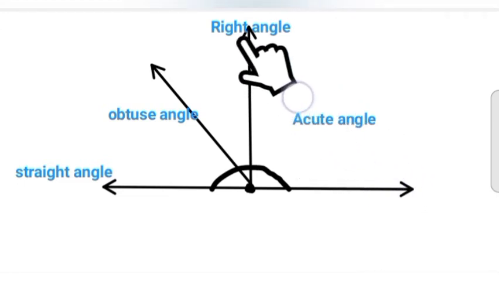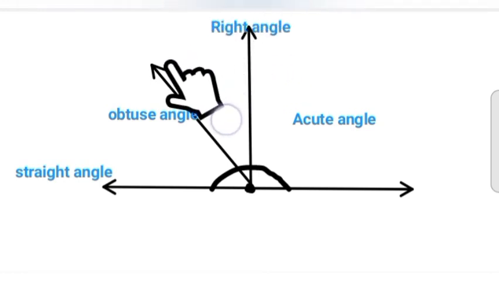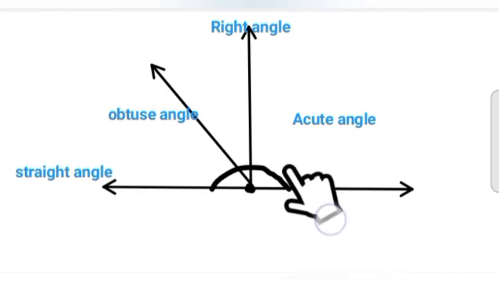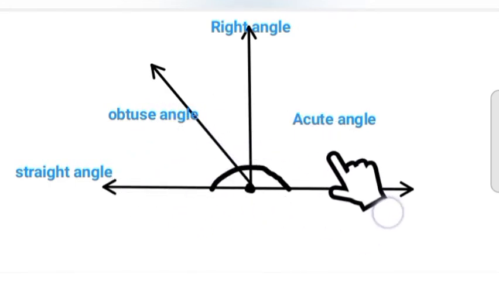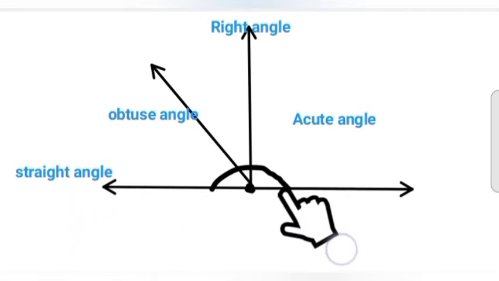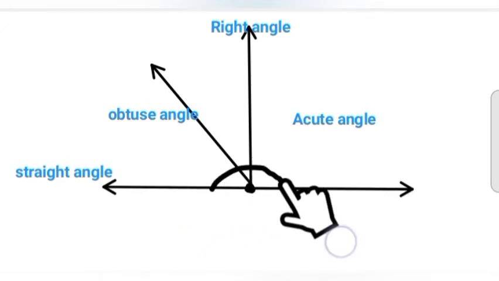And if the second ray moves beyond the right angle, left side, it gives an obtuse angle. Up to till we can say it is an obtuse angle. Then this is a straight angle. So if the line is straight to the basement line, we can tell that this is a straight angle.